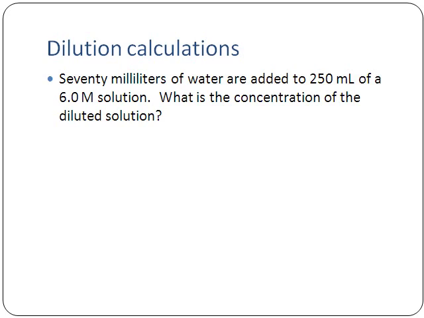So setting this up again, we're going to once again write out 2 equations, one for one solution, one for the diluted solution. The only one we really know here is this nice 6.0 molar. So we start off with a 6.0 molar solution. Do we know the number of moles of solute? It doesn't say anything about that.